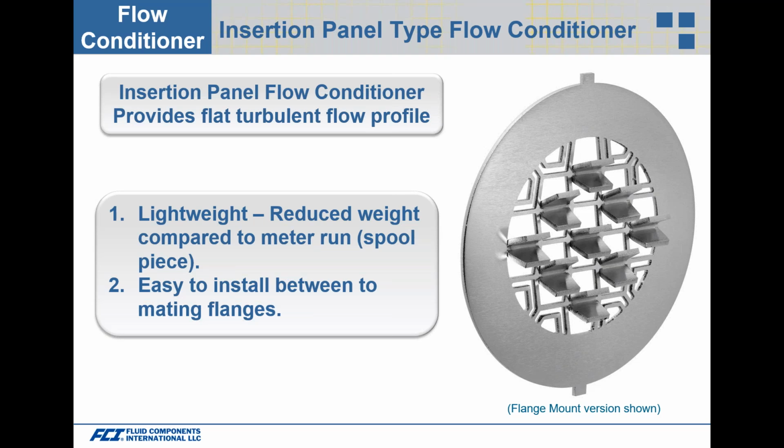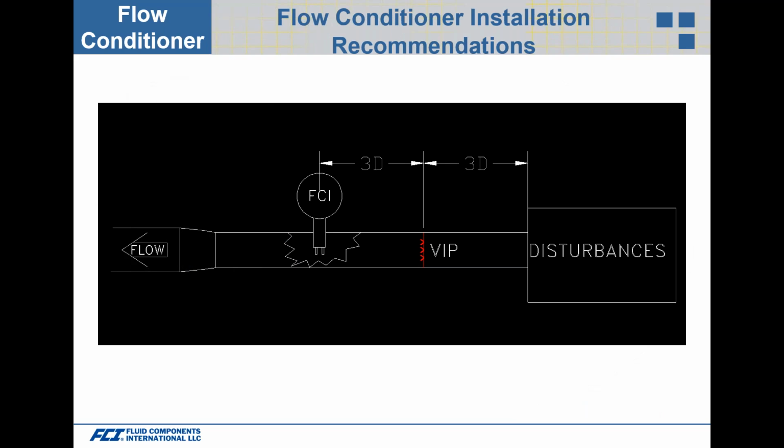Therefore, if the flow meter is calibrated at the factory to this flat turbulent flow profile, and then you take that same setup and put it in the application itself, it's always going to have the same flow profile. It's going to be accurate. And typically we locate the flow conditioner 3 pipe diameters upstream from the flow meter itself.